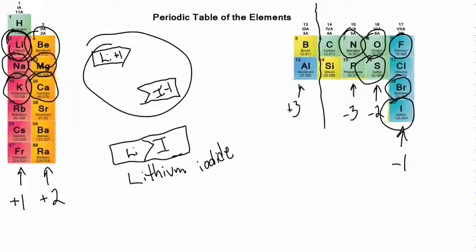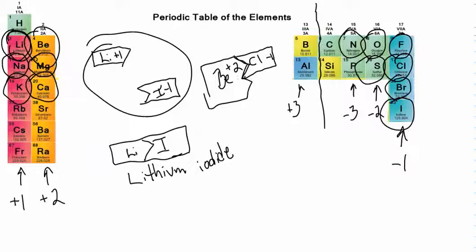But let's say we got beryllium. Beryllium would get drawn like this. Since it wants to lose 2 electrons, we draw it with 2 things poking out. And then if you wanted to hook that up with, say, chlorine, chlorine is a -1. I forgot to write the +2 here. So it would take 2 of these chlorines to make 1 beryllium happy.